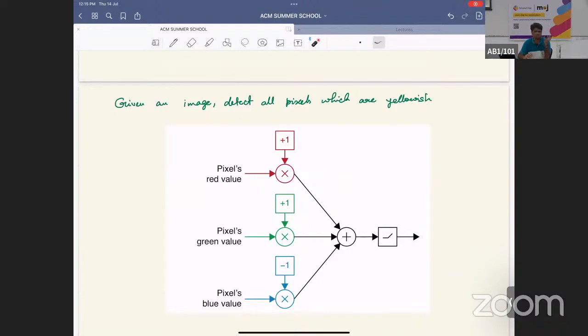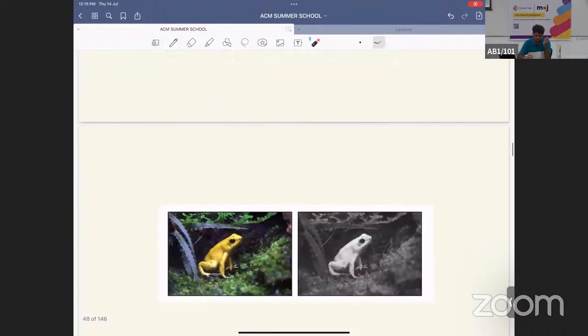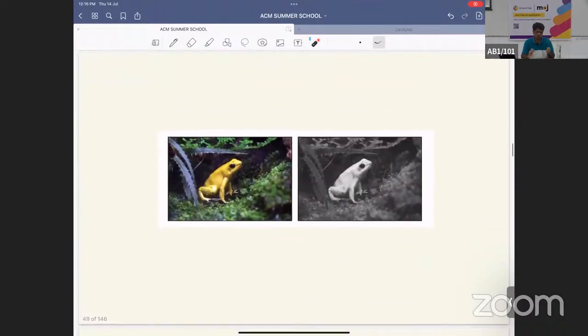So you apply red +1, green +1, and blue -1 for every pixel in this image. You end up detecting almost all the yellowish regions, right? This is the key idea behind convolutional networks. Here, how many weights did you have? Only 3 weights, right?